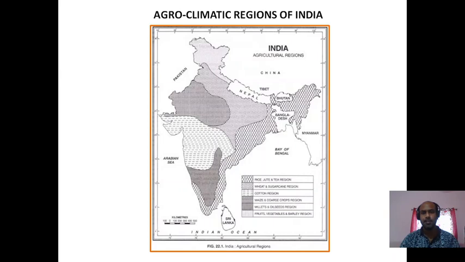Like there is rice, jute and tea region, wheat and sugarcane region, cotton region, maize and coarse crop region, millets and oilseed regions, fruit, vegetables and barley regions. So these are the regions into which the whole country is divided depending upon the practice of agriculture. Because in different parts the climatic condition is different, for that different kinds of agriculture are practiced in different parts.